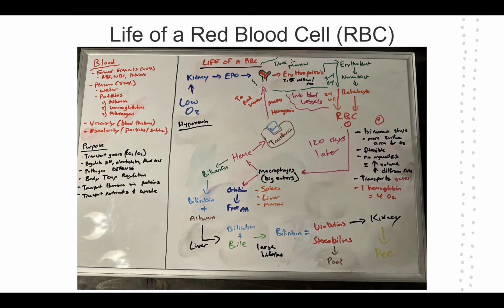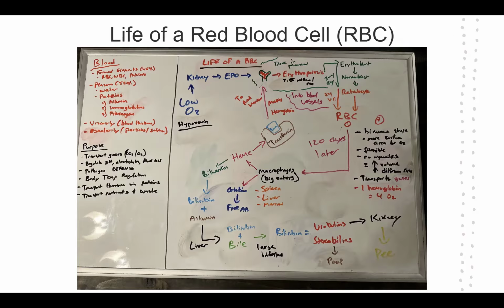So when the red blood cells start forming, we have a thing called hematopoietic stem cells, and these are the immature blood cells that can turn into whatever blood cell you require.